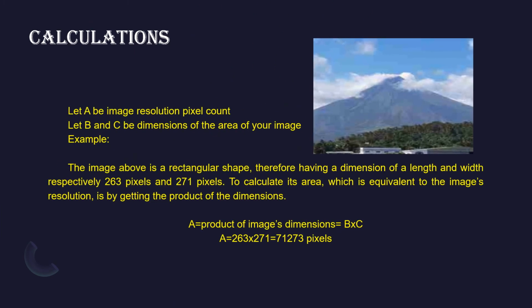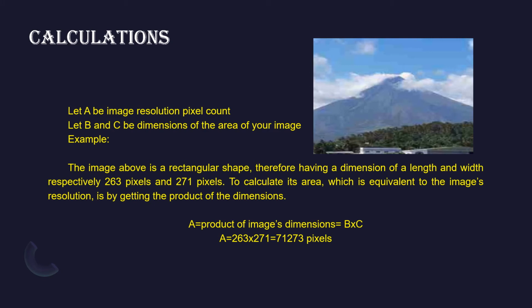This is an example calculation that I made on my own based on my research. So let A be the image resolution pixel count, meaning the area of the whole resolution of the image. Let B and C be the dimensions of the area of the image.